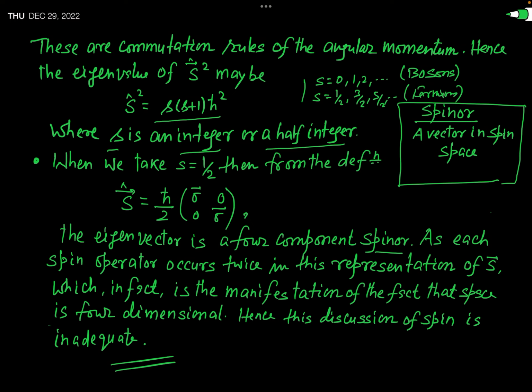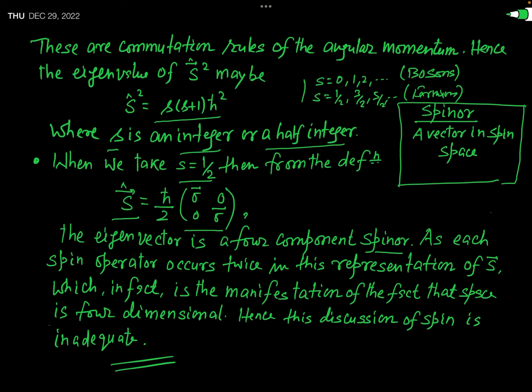In fact, when we take s equal to half, this is the definition of s: h bar by 2 times the matrix sigma 0 0 sigma. You have studied this in my previous lecture on the spin operator. If you have not watched, you should go through those videos, where you will find the detail of this statement.